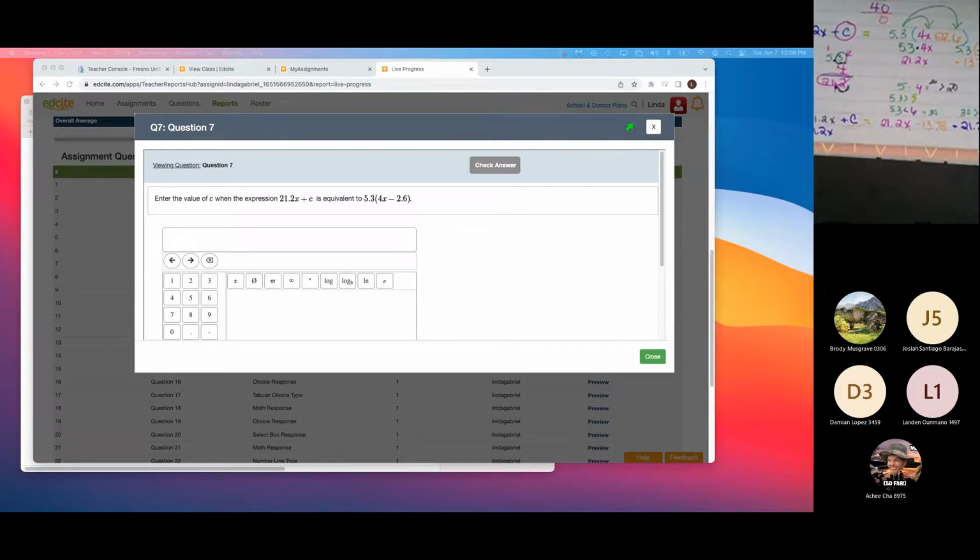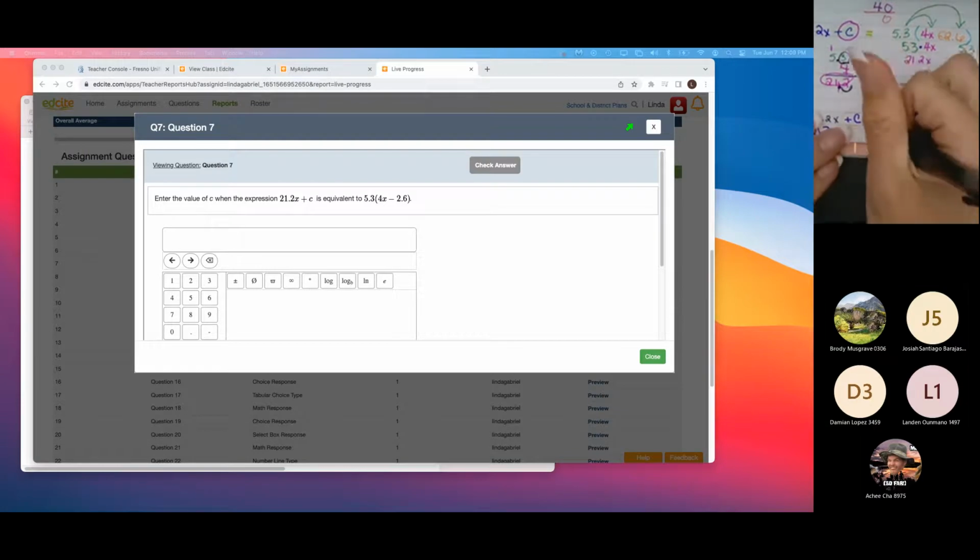All right, so now I can combine my like terms, right? Because I have variables right here. I have 21.2x minus 13.78 minus 21.2x. So I'm going to combine like terms.